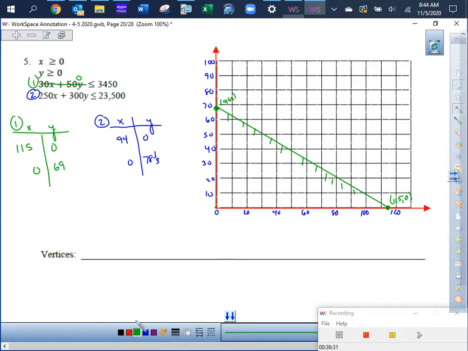Then graph the blue line. We're going to plot his ordered pairs, so (94, 0). So that's like right here, my friends. And (0, 78 and a third). (0, 78 and a third).